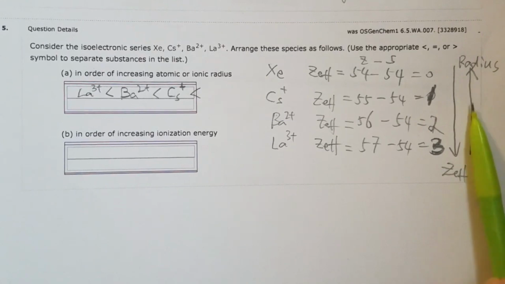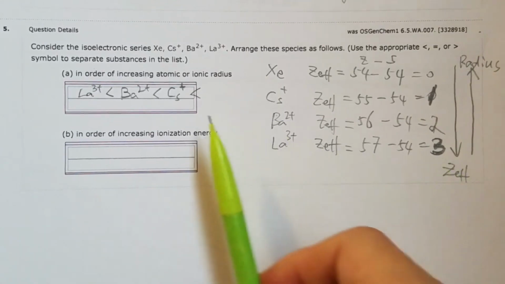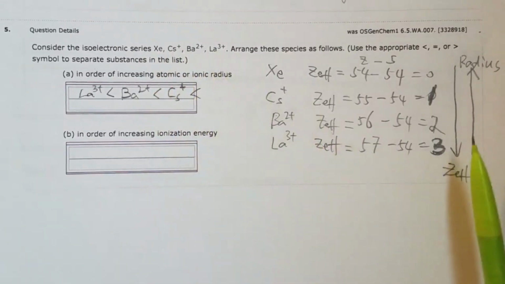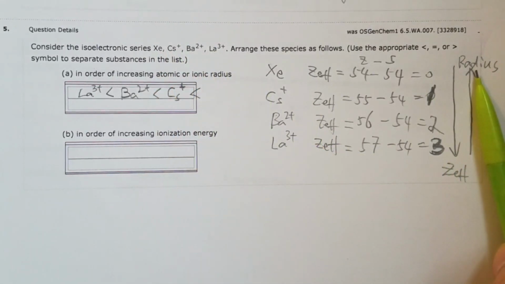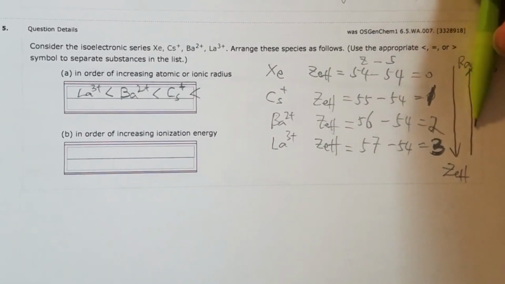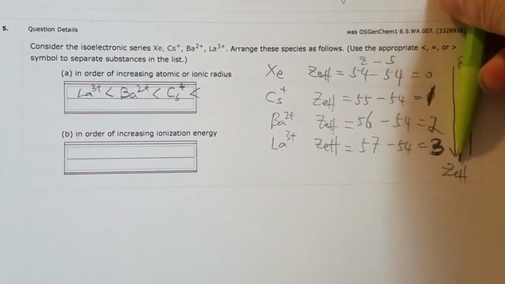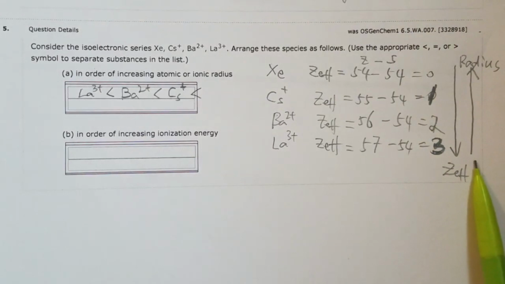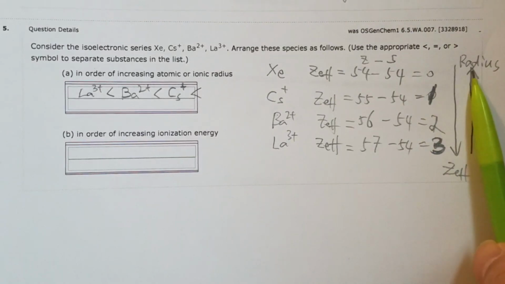And that would result in the radii of the atom or ions decreasing with increasing Zeff. In other words, the size should be increased this way.